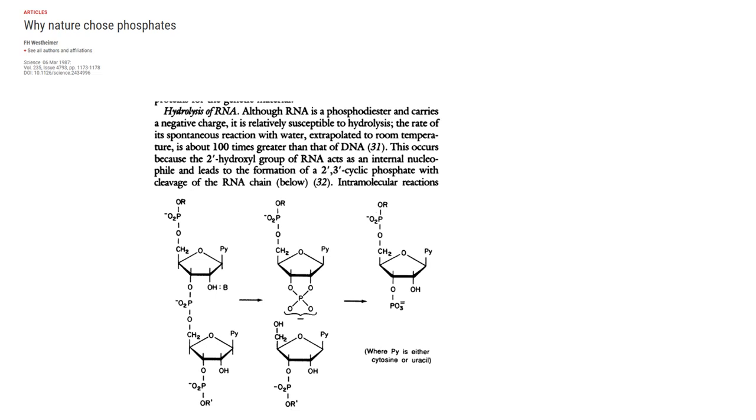The difference is that RNA can be hydrolyzed and cleaved and broken down 100 times faster than DNA, precisely because of the presence of that hydroxyl group on the 2-carbon that can allow it to react with a phosphate anion to come in and break that RNA chain.